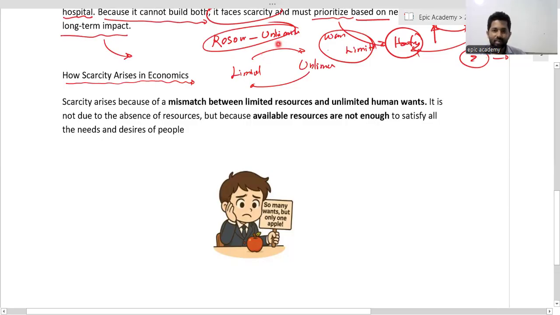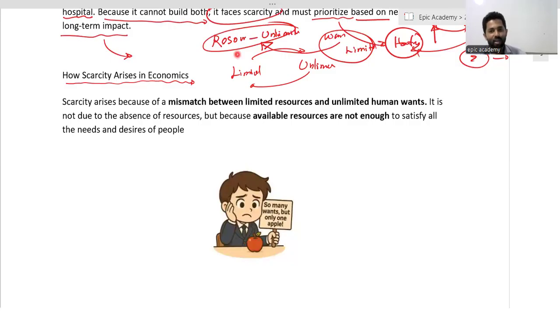Then what will happen? Life will be very easy and fantastic, isn't it? You can satisfy any kind of thing because resources are unlimited. Unfortunately, in the practical world, you can't face something like that. It is only an assumption.